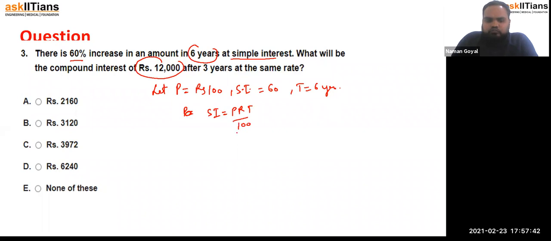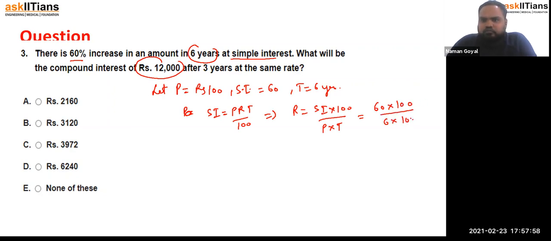So with this formula, R is SI into 100 upon P into T. So SI is 60 into 100 upon 100 into 6. So it will be 10% per annum. So we got the rate. By taking the principal value as 100, it becomes easy to solve, right?